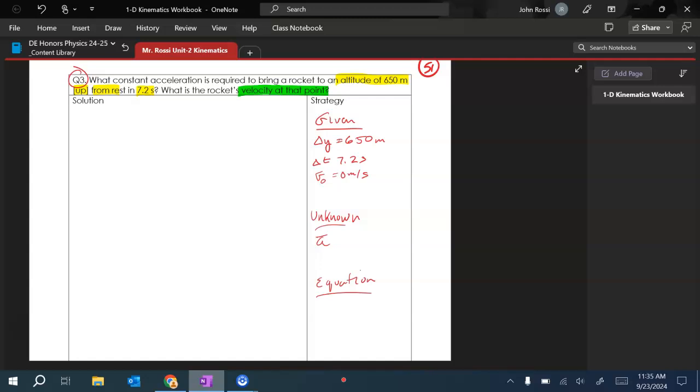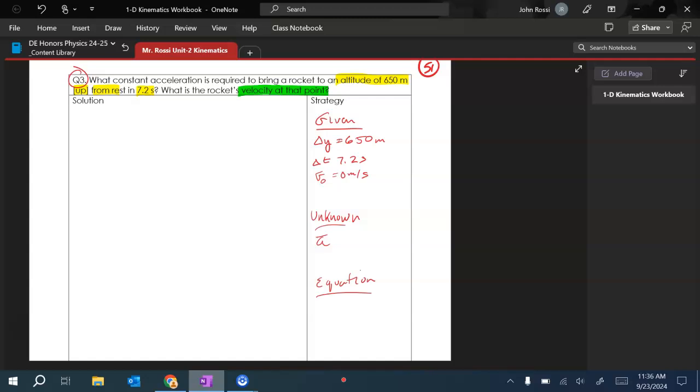That's acceleration we don't know. And I think if we can say what's the rocket's final velocity, or we need to know the rocket's velocity at that single point. So what constant acceleration? Let's do that first.